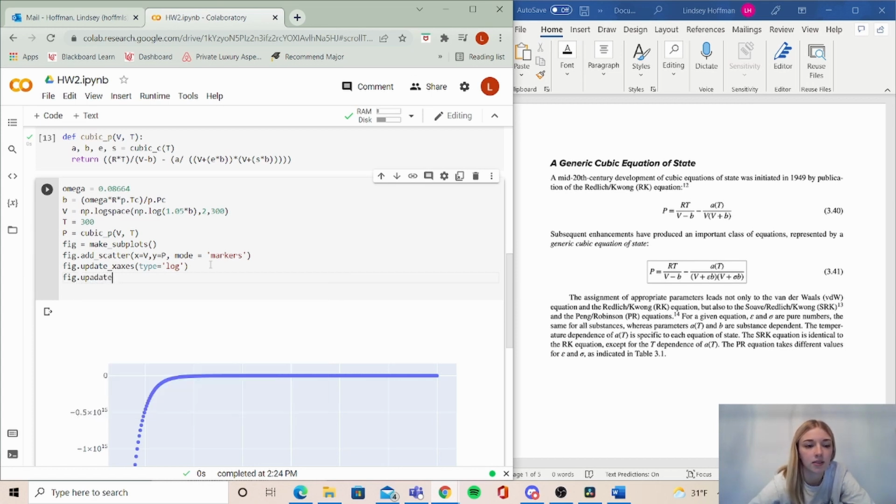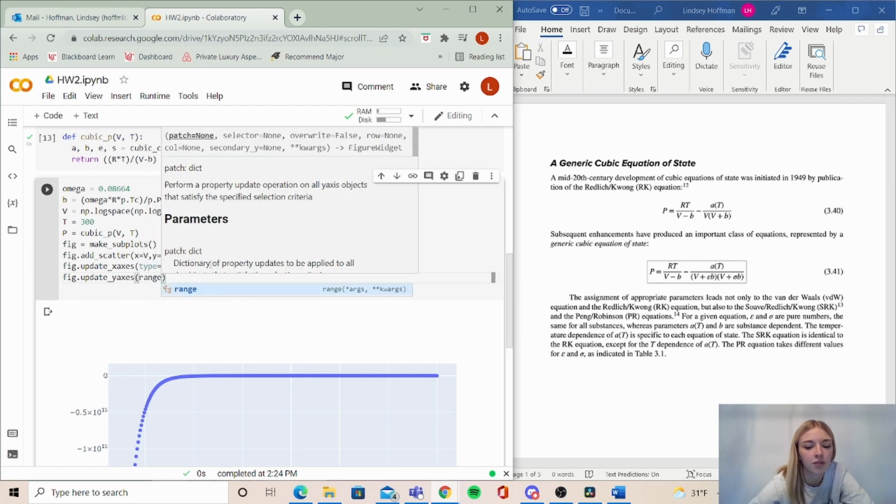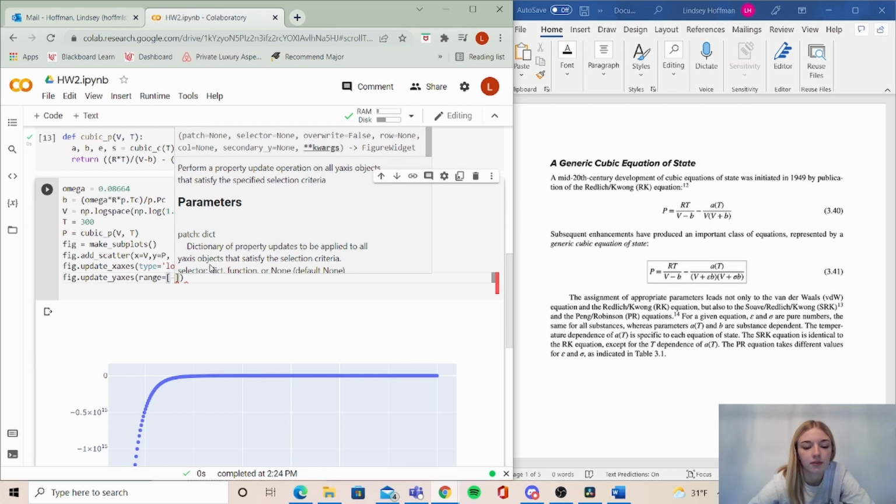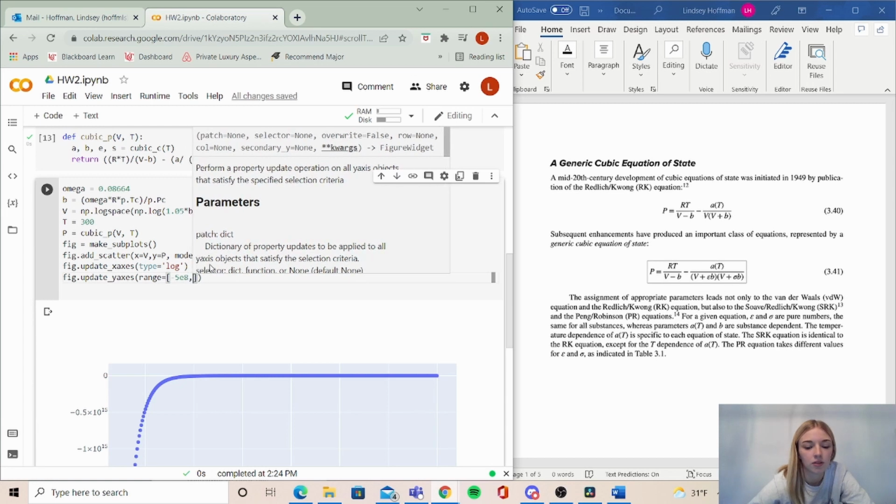Update y-axis. We'll want to change the range to be, let's say, -5 times 10 to the 8th to 5 times 10 to the 8th.